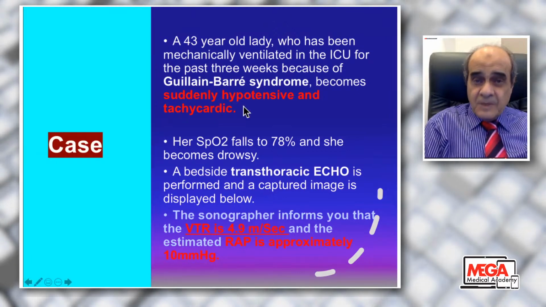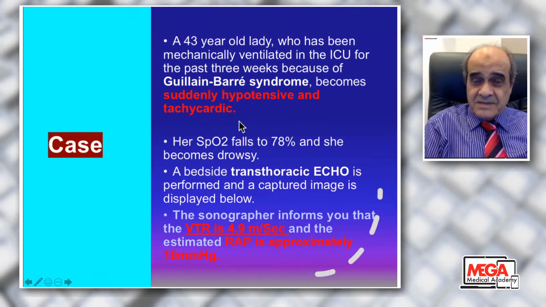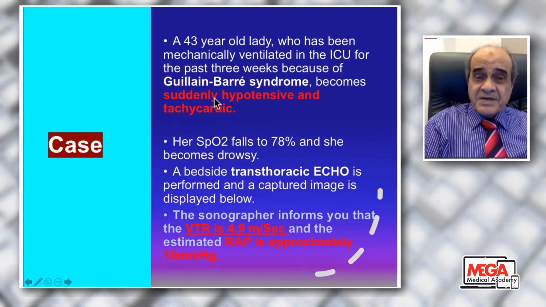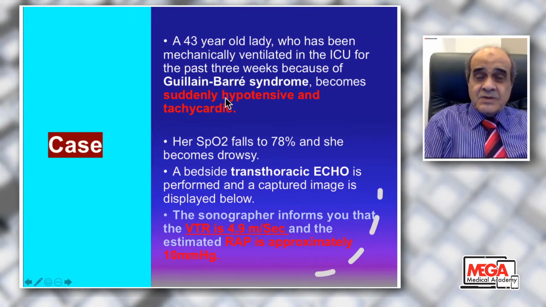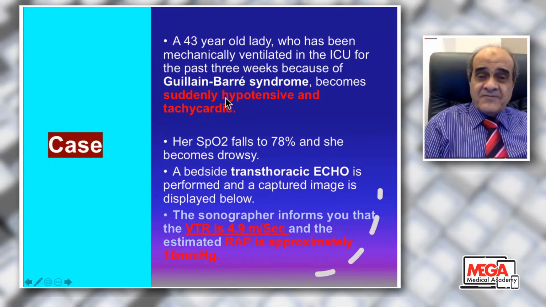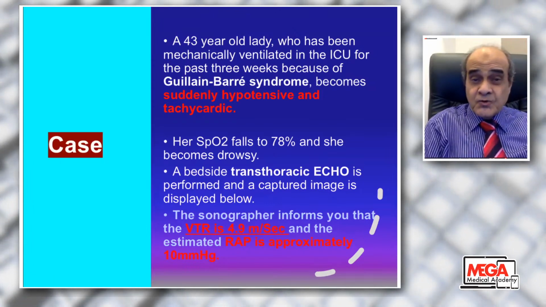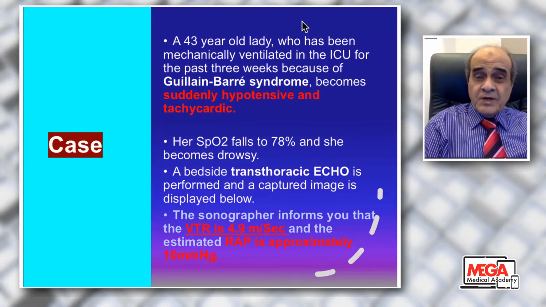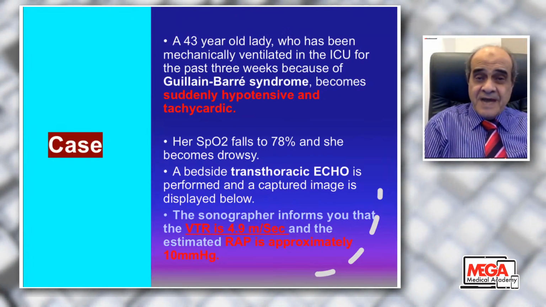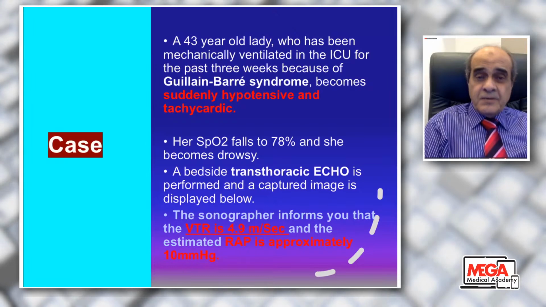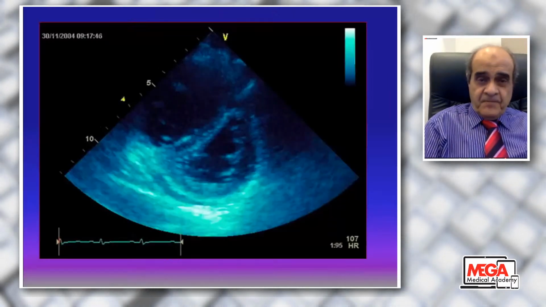All these clinical parameters, in a patient bedridden and immobile for a long time, suggest a massive pulmonary embolism and push you to give thrombolytic therapy because the patient is hemodynamically affected.